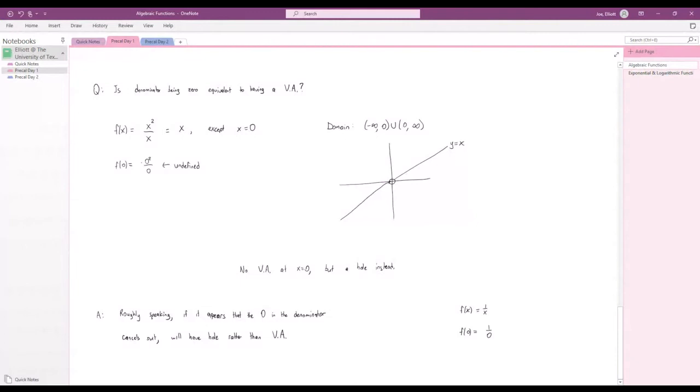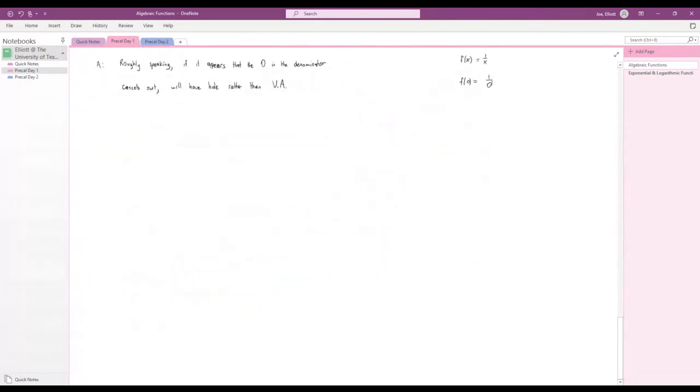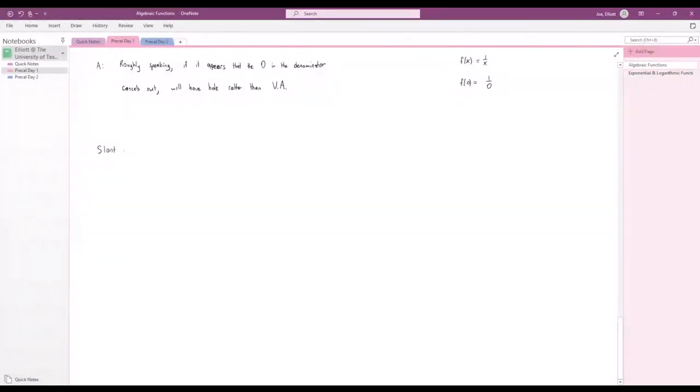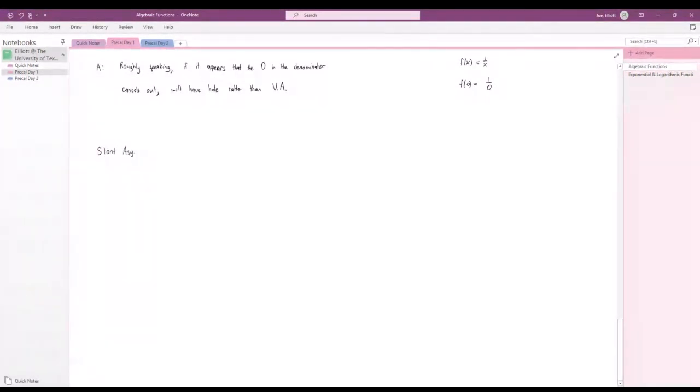Okay, so how do I know if I have a slant asymptote? Let me go ahead and address that question right now. This is a small aside about slant asymptotes.